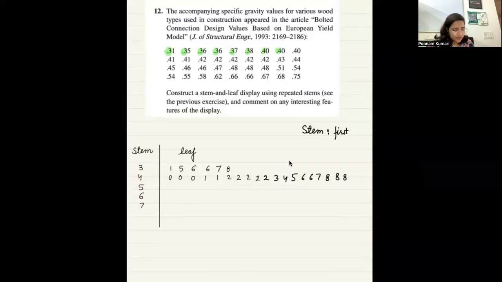The other could be you just specify what your stem is here, and then people can understand, okay, the stem was this. So first place after decimal, and then as leaf, you can write your second place after decimal.